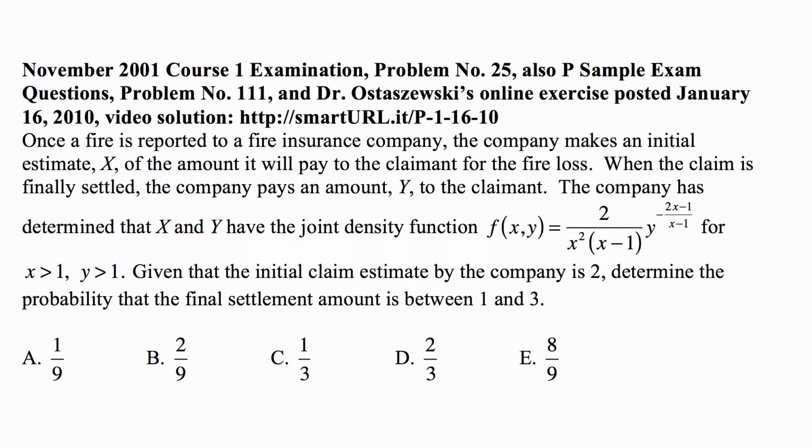Here's a problem for today for exam P on probability. Once a fire is reported to a fire insurance company, the company makes an initial estimate, X, of the amount it will pay to the claimant for the fire loss. When the claim is finally settled, the company pays an amount Y to the claimant.